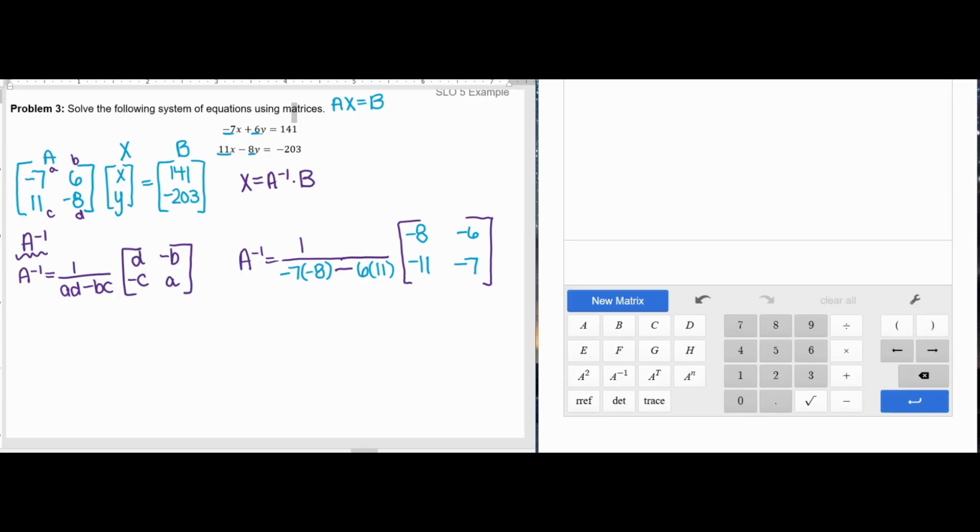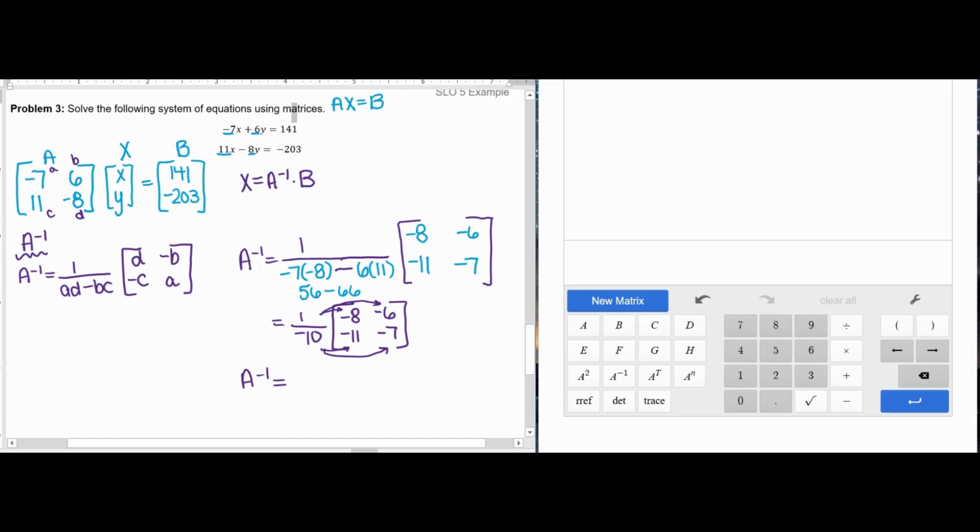Okay. Need to figure out what is going on underneath that fraction. -7 times -8 gets us 56 minus 66, which means that we have 1 all over -10 times our crazy matrix. And now we have a scalar, and that means that we need to take each element in our crazy matrix times the -1 over 10.